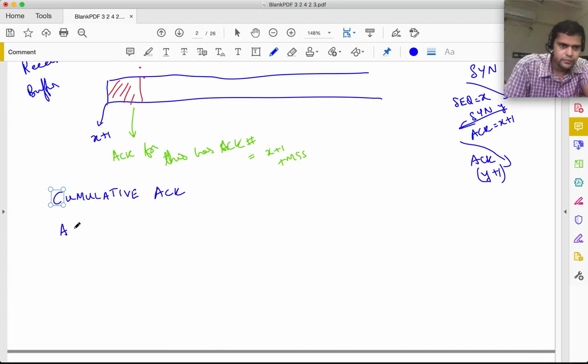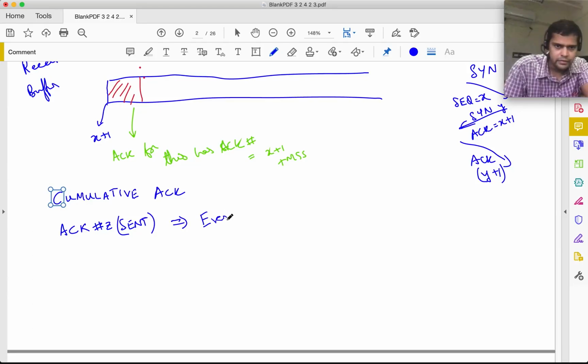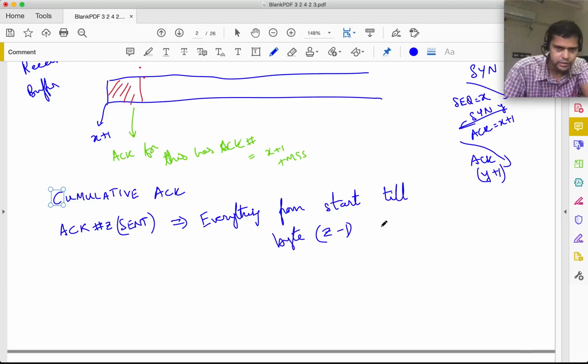So that means if some particular ACK number Z is sent in a particular ACK, this implies everything from the start till byte Z minus 1 has been received.